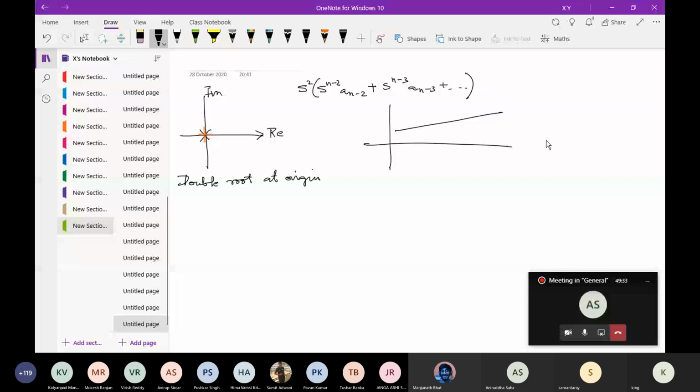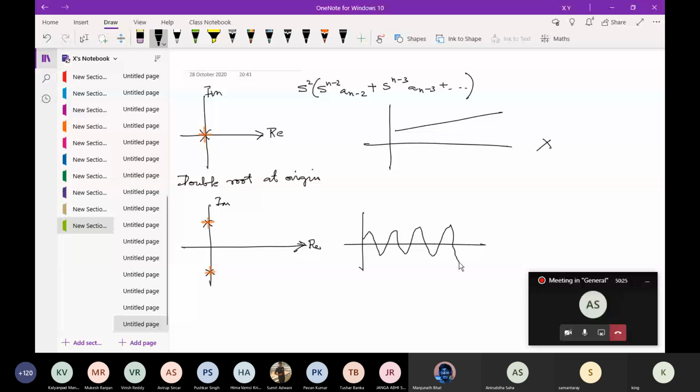Not good again. We can also have situations like this, in which case you will have an output which is growing.